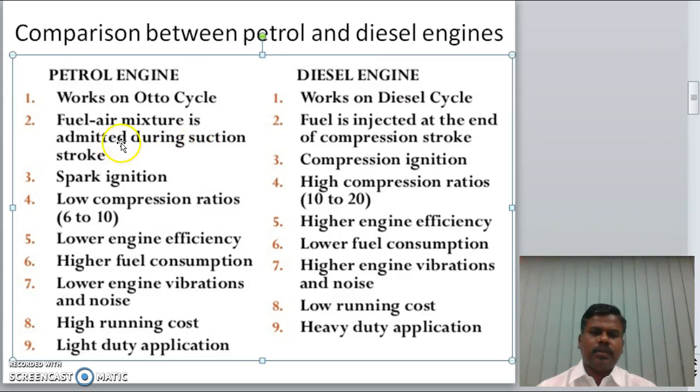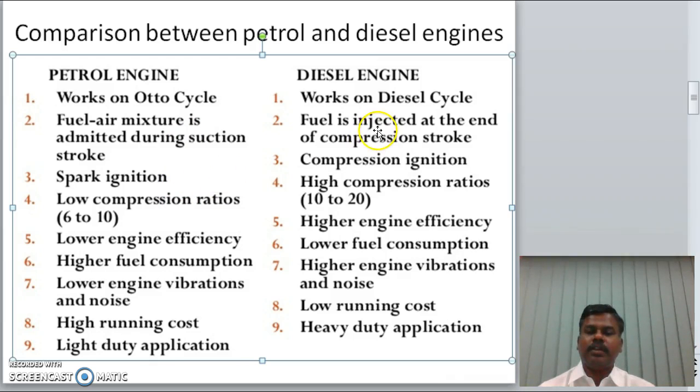In a petrol engine, the fuel air mixture is admitted during the suction stroke through a carburetor, or now it is multi-point fuel injection. In the case of a diesel engine, only air is allowed inside the combustion chamber. In a petrol engine, a spark plug is used to ignite the air fuel mixture.